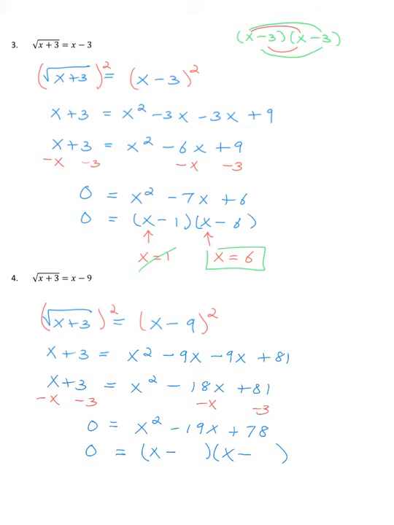Okay, it is 6 and 13. The sum is negative 19, and the product is positive 78. This means our two potential solutions are 6 and 13, but as it turns out, 6 is no good and 13 works in the original equation.